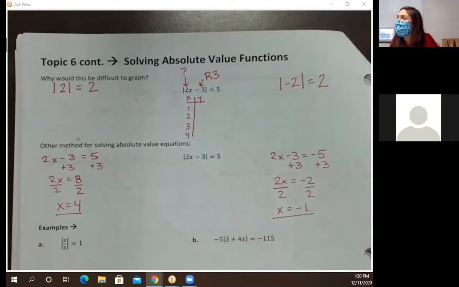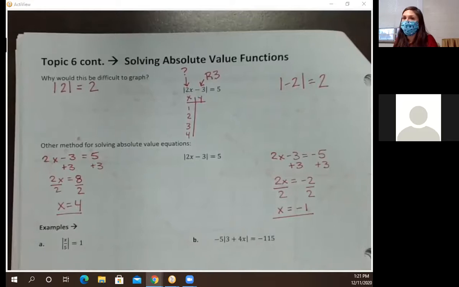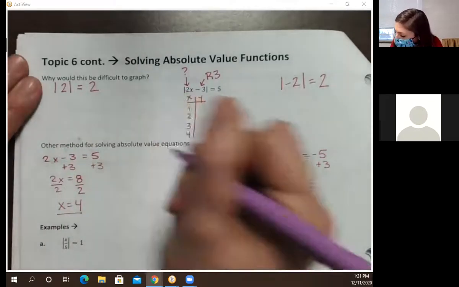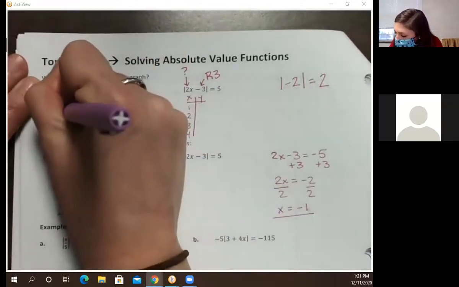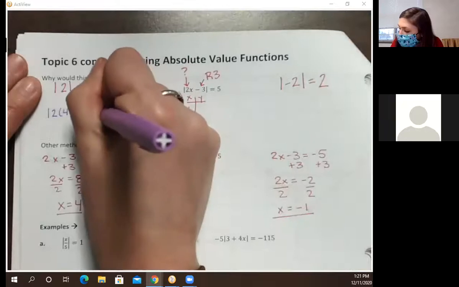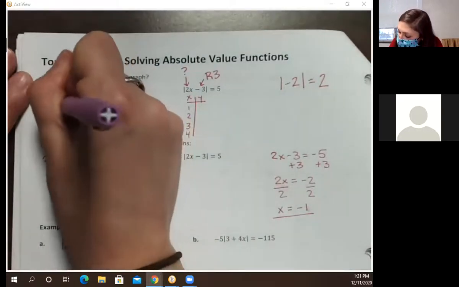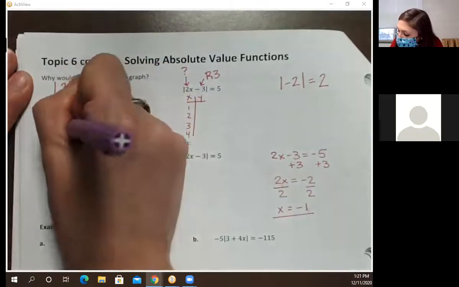When we're solving any type of equation, you can always go back and check your work by taking your solutions and plugging them back into your function. I want to show you what happens when we do that. So if I take 4 and plug it back into this function, I would have the absolute value of 2 times 4 minus 3 equals 5. 2 times 4 is 8. 8 minus 3 is 5.